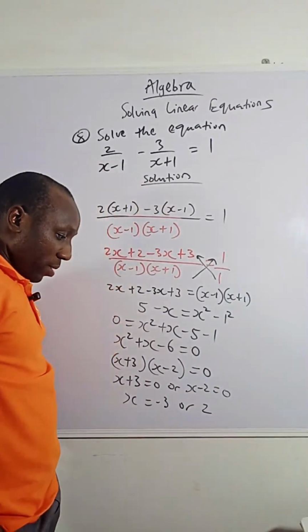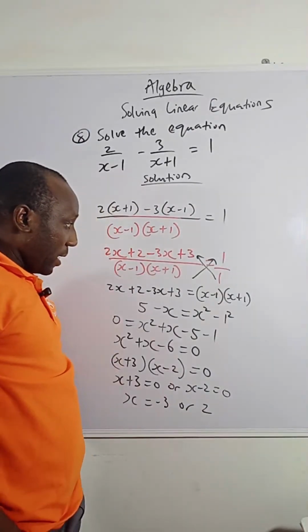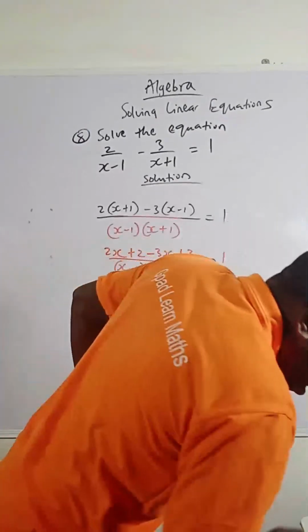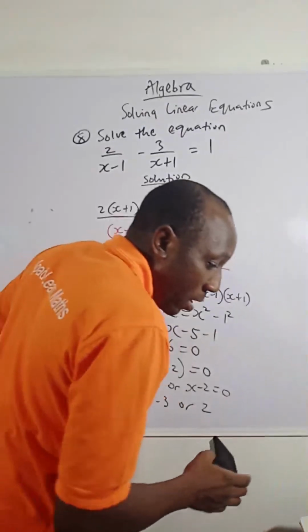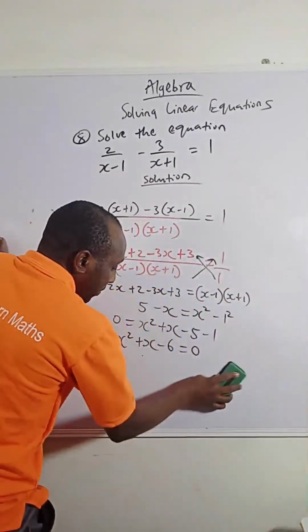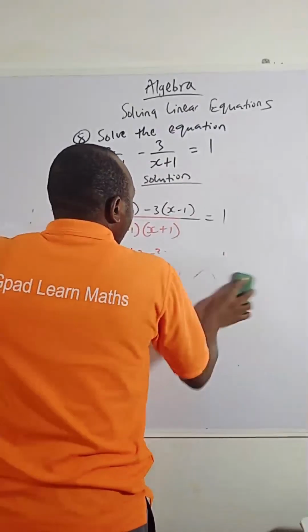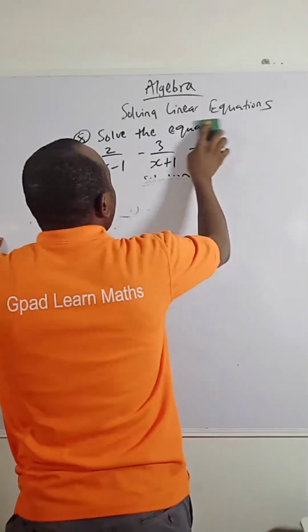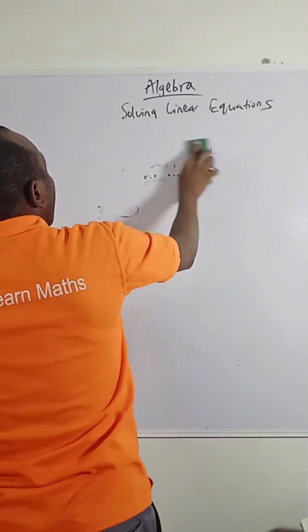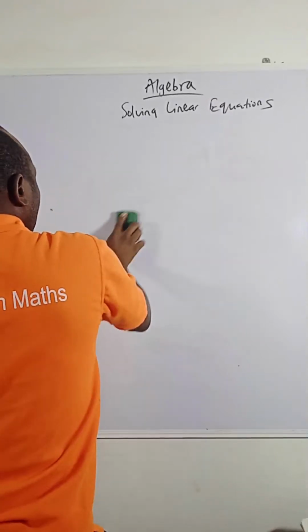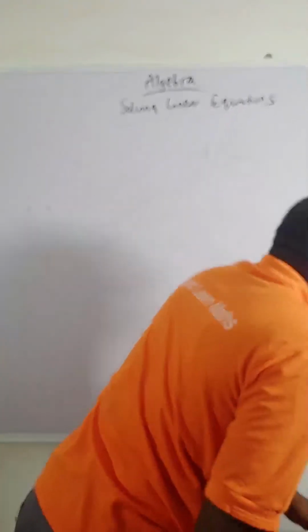Okay, I have another question. Can I clean the board? I think I can now. Another one, please. Yes, we are doing another one. Okay, let's go. So number 9.